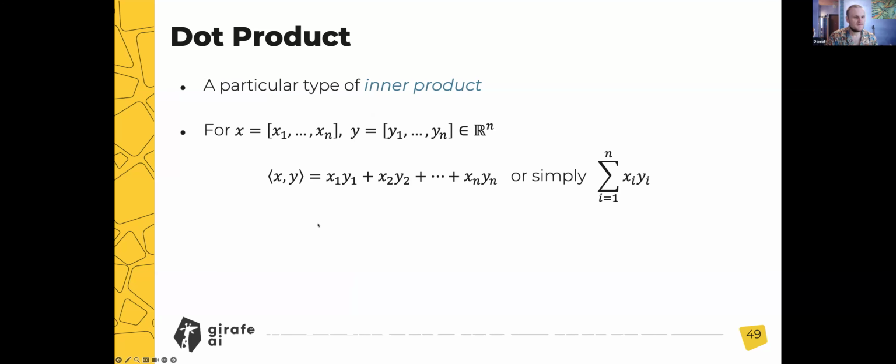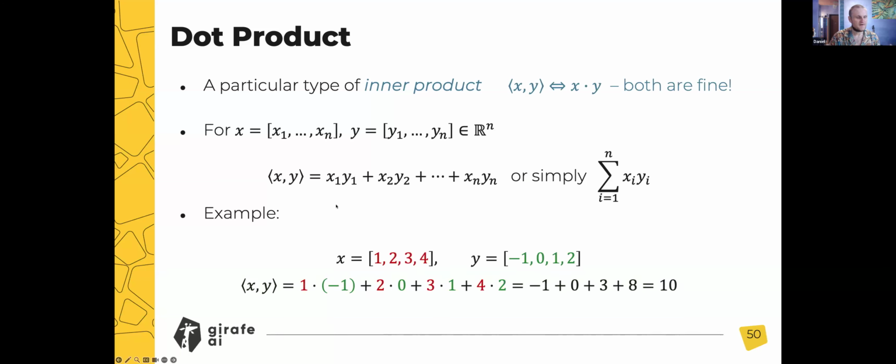So you take two vectors, you multiply the first coordinate from the first vector by the first coordinate from the second vector, then you add the product of second coordinates, and so on, or write it like that with a big sum notation, and well, you get your answer, right? So for example, there are two vectors, we multiply first by first, second by second, and add everything together and get the result.